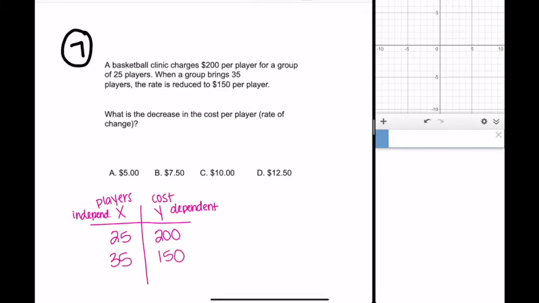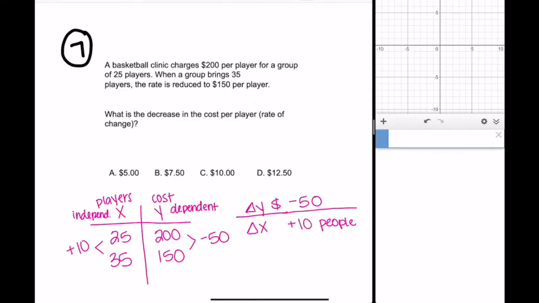So we want to find what's the rate of change that the cost goes down as more players are in the group. So from $200 to $150, that's going down by $50, and the number of players went up by 10 people. So our change in y, or the change in cost, and the change in x, or the change in people. So our cost went down by $50 when the number of players went up by 10.